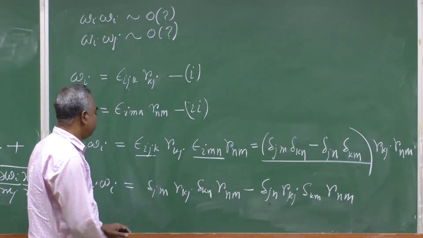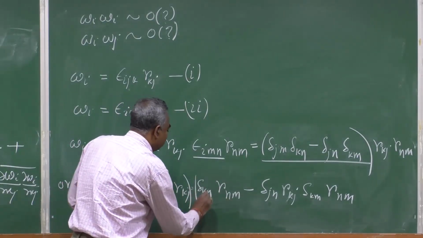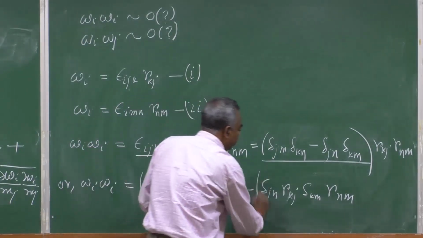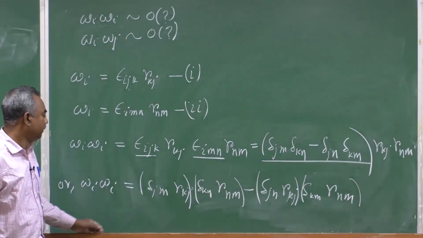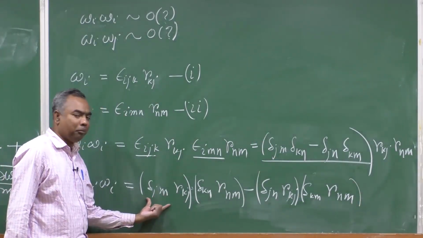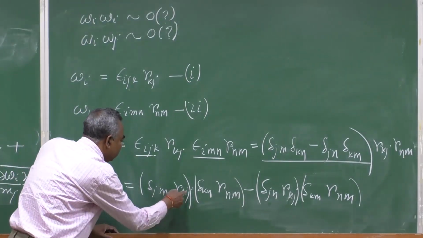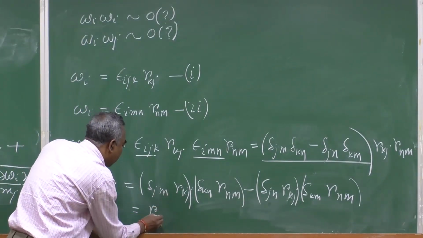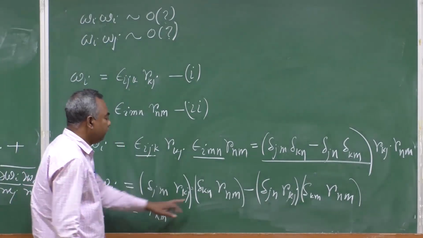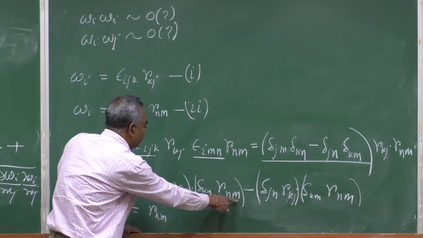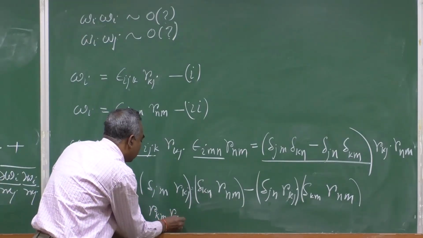So, you see this particular part and this particular part, similarly this and this. This is going to be non-zero only when j is equal to m, that means this is going to be r k m, and similarly this is non-zero when k is equal to n, so this is also r k m.